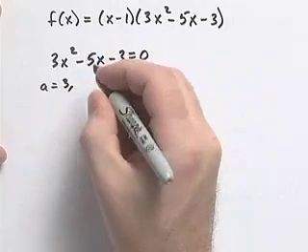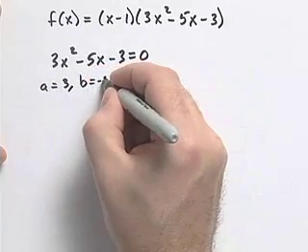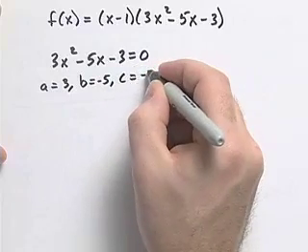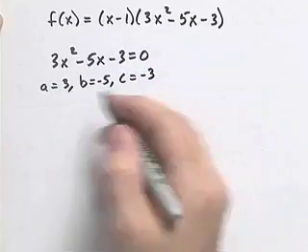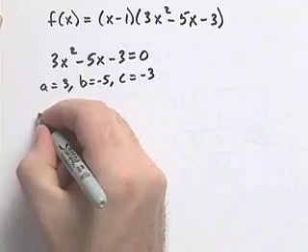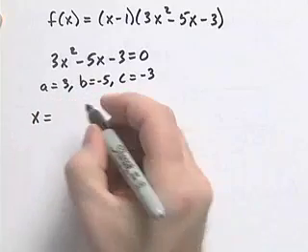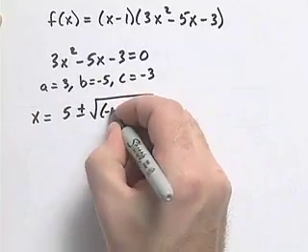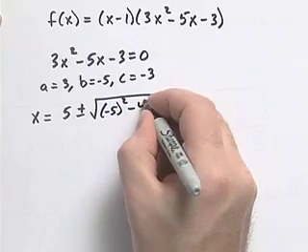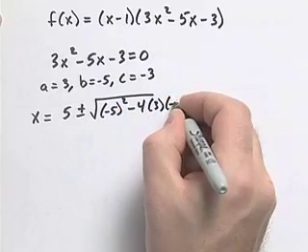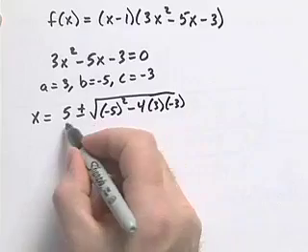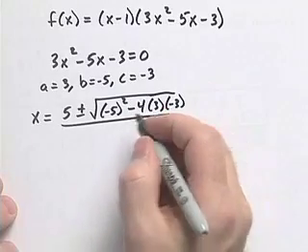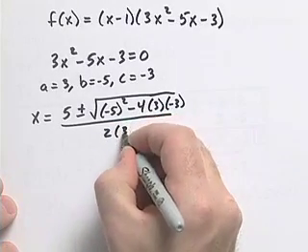A equals 3, b equals negative 5, and c equals negative 3. If we plug these values into the quadratic formula, we'll get x is equal to 5 plus or minus the square root, negative 5 squared, minus 4 times 3 times negative 3, and all of that is going to be over 2 times 3.